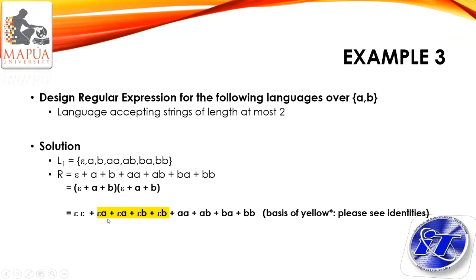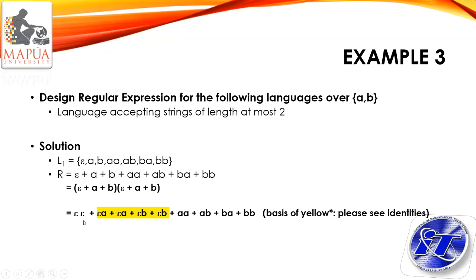And also, I'm going to have a redundant epsilon A and epsilon B, so that the redundant terms will be used later for the factoring of some variables. Again, epsilon A is just A. Epsilon B is just B. R epsilon is still R, don't forget that. And epsilon epsilon is just epsilon.